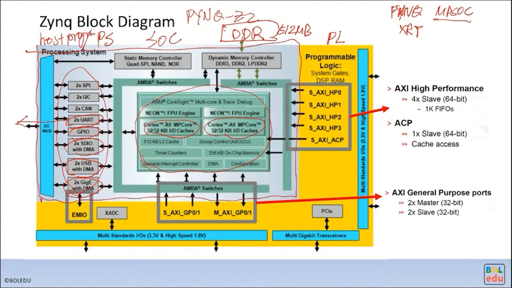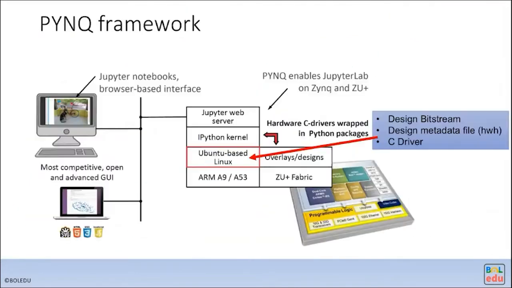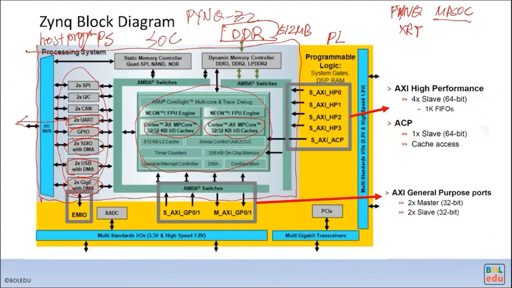The processor will run the OS, drivers and all the software stack on the SoC part, and the FPGA part is the yellow region. The communication between the host or PS part and the PL part is through those AXI bus interfaces, all those AXI interfaces.